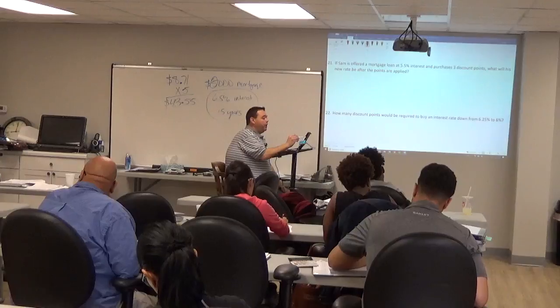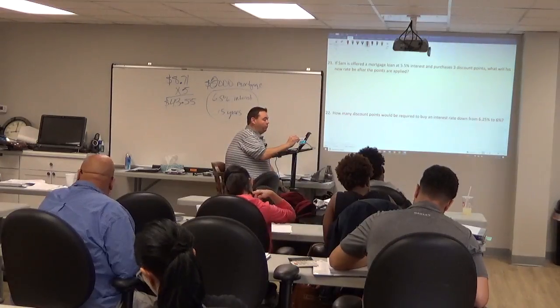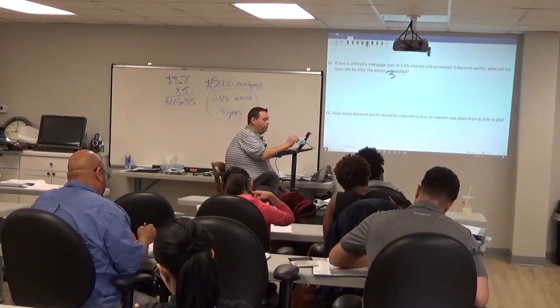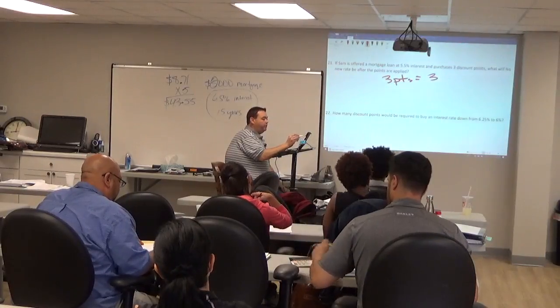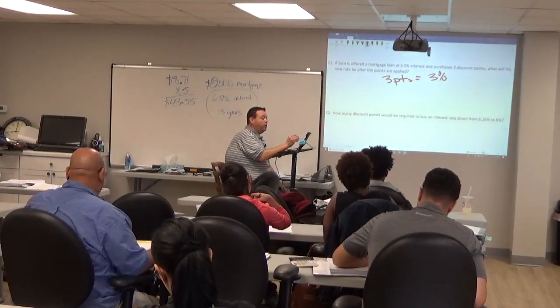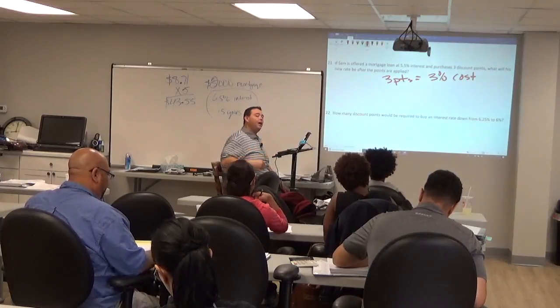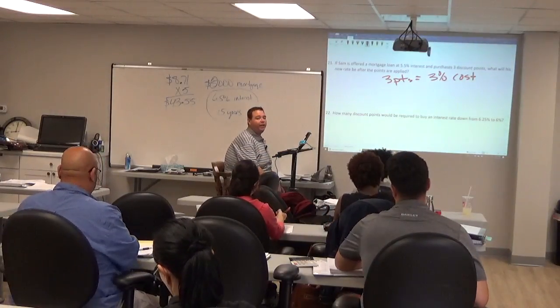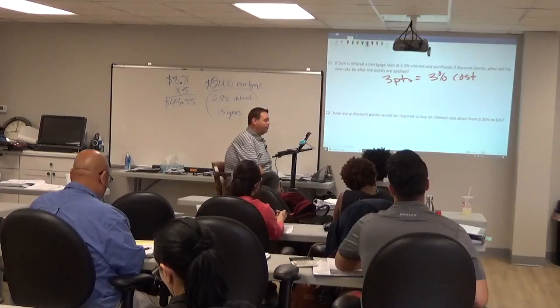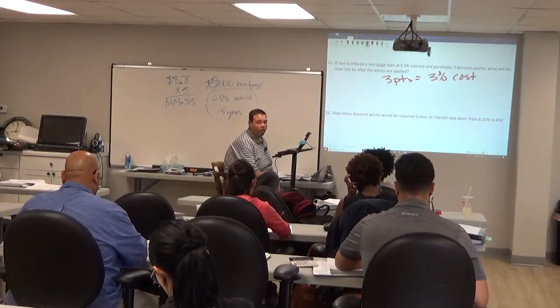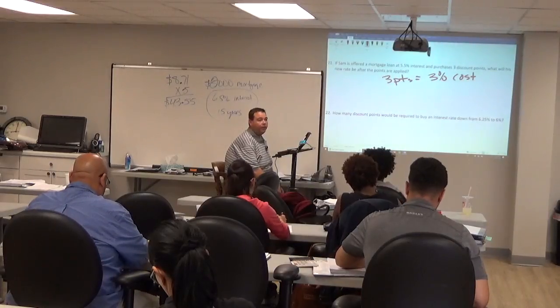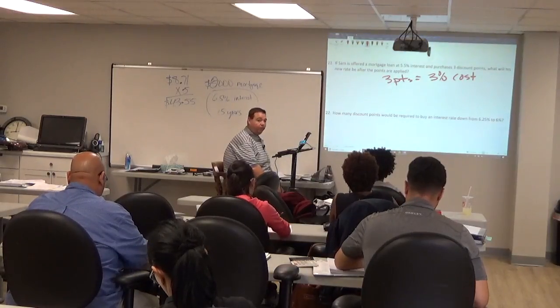So, we're buying 3 discount points, right? 3 points equals 3% cost. But that's not what they asked us for. What did they ask us for? What will his new rate be? So we're not dealing with the cost. What are we dealing with? The rate change. Does that make sense for everybody?